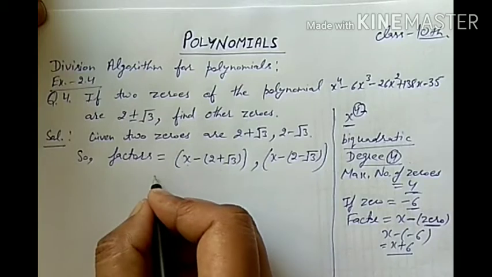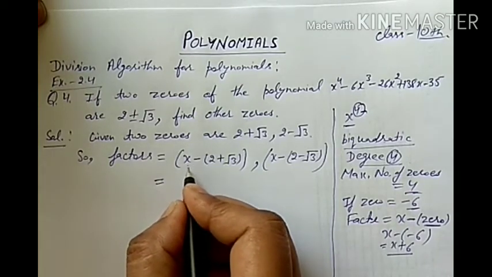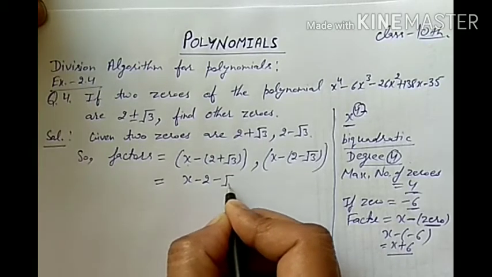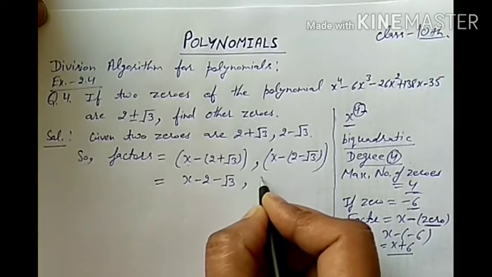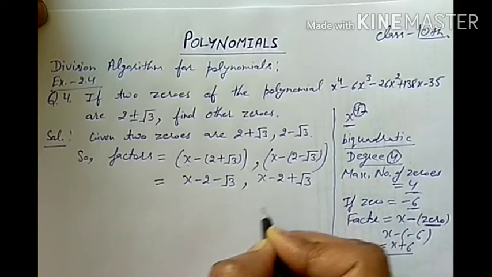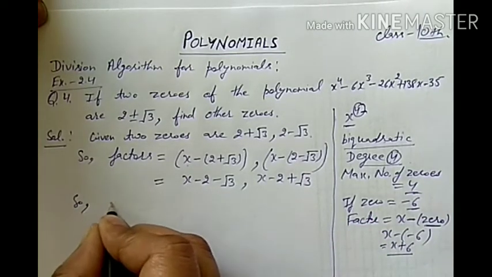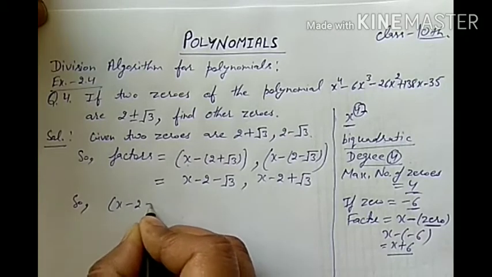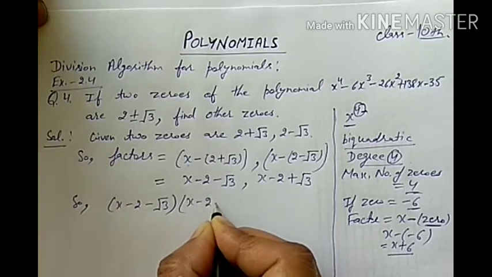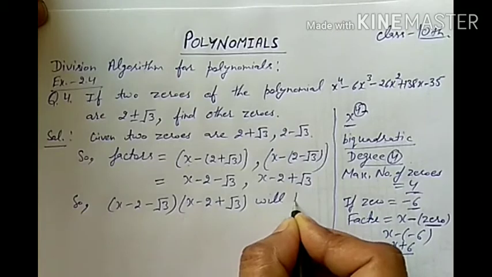These are our factors. So we can write it x minus 2 minus under root 3 and x minus 2 plus under root 3. So x minus 2 minus under root 3 multiply by x minus 2 plus under root 3 will be a factor.